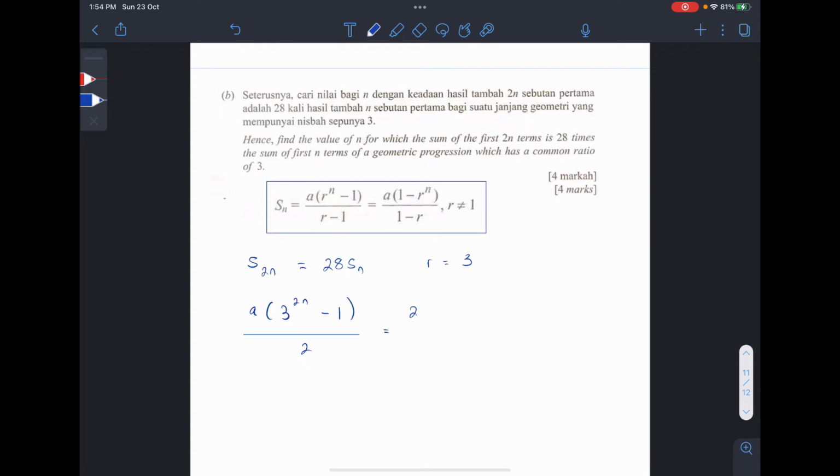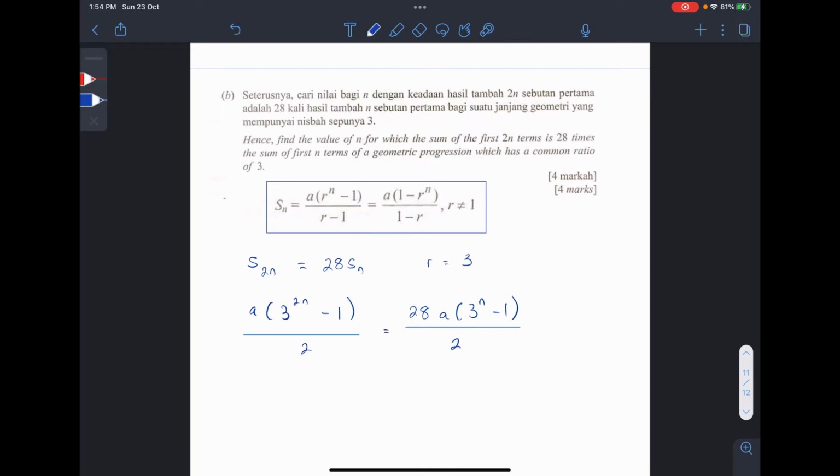So it's going to be 28 times a(3^n minus 1) over 3 minus 1, which is also 2.